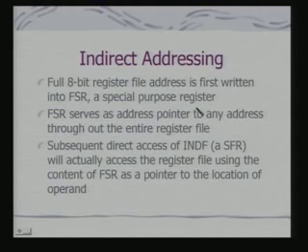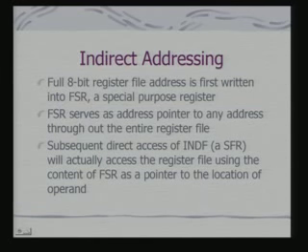In indirect addressing, PIC uses a slightly more complex structure. The full 8-bit register address is first written into FSR, which is a special purpose register. And FSR serves as an address pointer to any address throughout the entire register file.